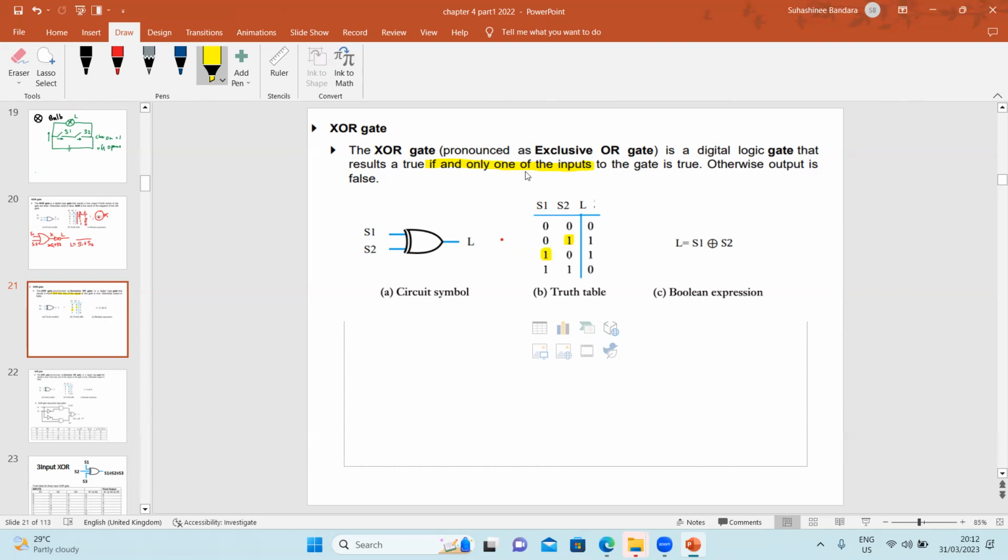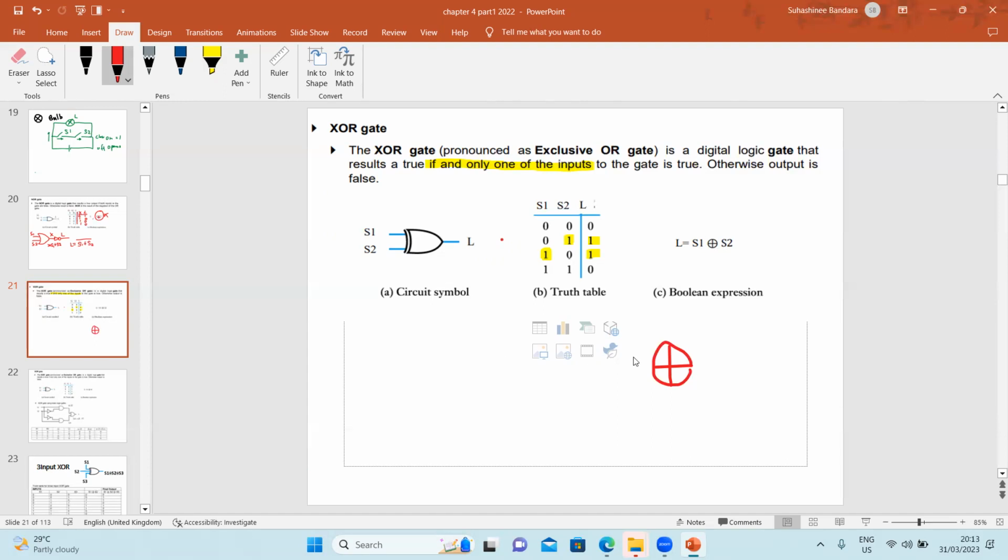Okay, bitwise XOR we have done earlier. If and only one input is true, only then we will get the on. Otherwise, false. So it's easier to keep in mind: if there are unequal things, then the output will be on. So the output we are writing, just look at, the addition symbol with a round circle around it, plus sign and a circle around that, we write as the XOR symbol.